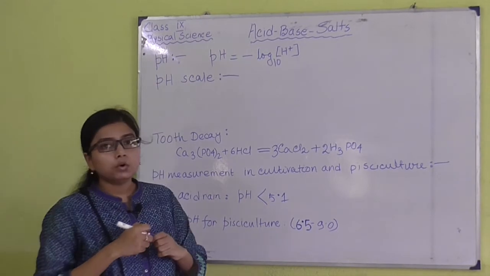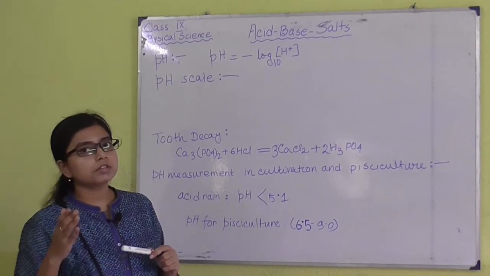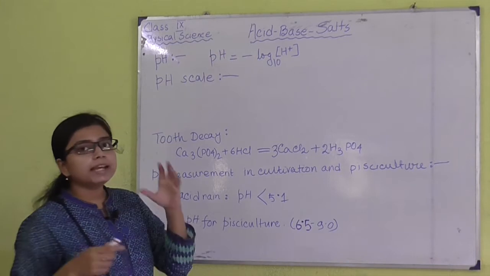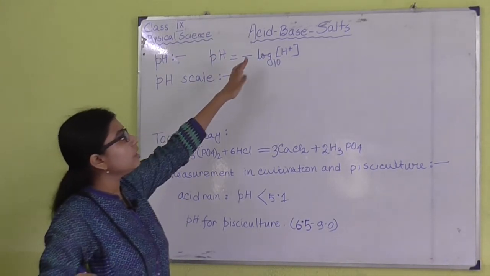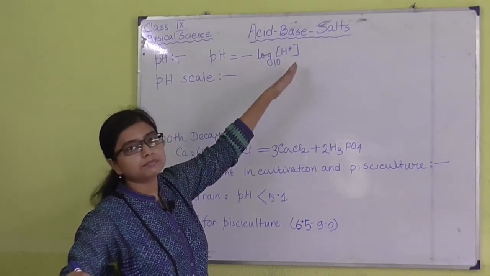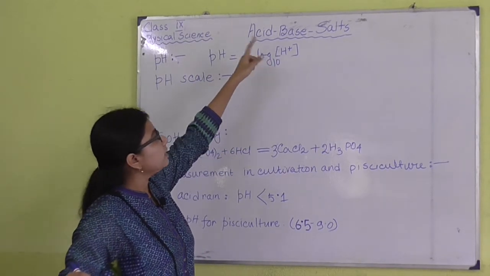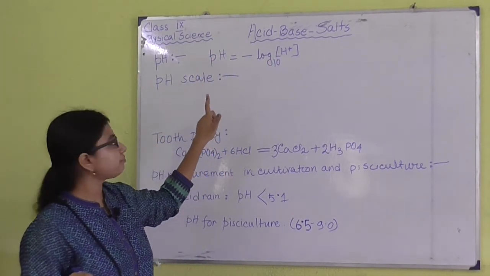So, if we know the H+ concentration of the solution, then we can calculate the negative logarithm value of H+ concentration, and that is equal to pH.